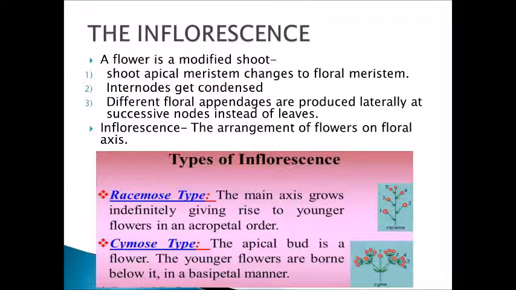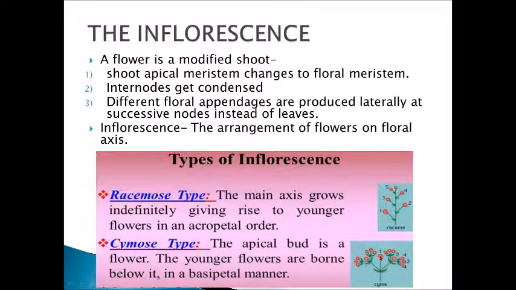Whereas cymose type of inflorescence, in this the apical bud is a flower and younger flowers are born below it in a basipetal manner. See in this diagram, this is the main axis, this is the apical flower.